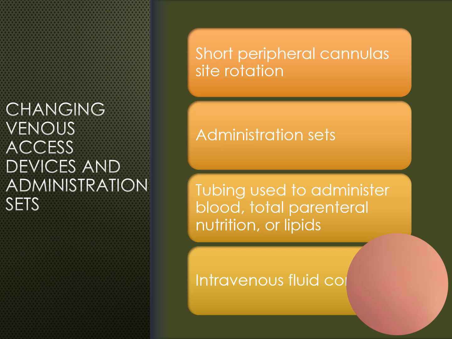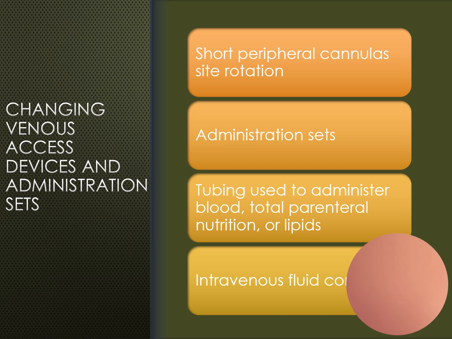IVs that are placed in an emergent situation should be replaced as soon as possible due to the increased risk of introduction of pathogens during the insertion process. When you're in a hurry, you don't always follow proper technique.